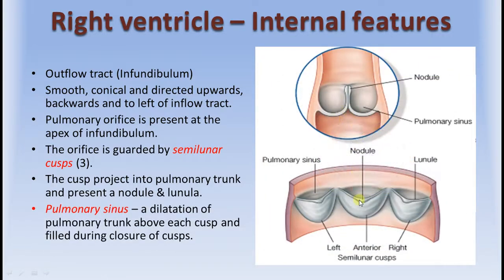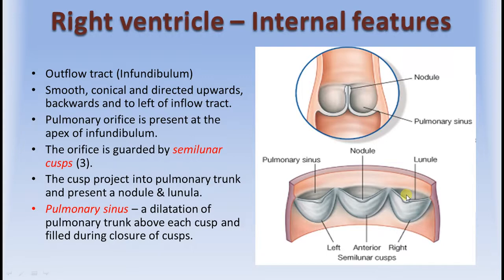You can see the central nodule, and from there, the lunula. Deep to the cusps there is a dilatation of the pulmonary trunk above each cusp, and that is called the pulmonary sinus.